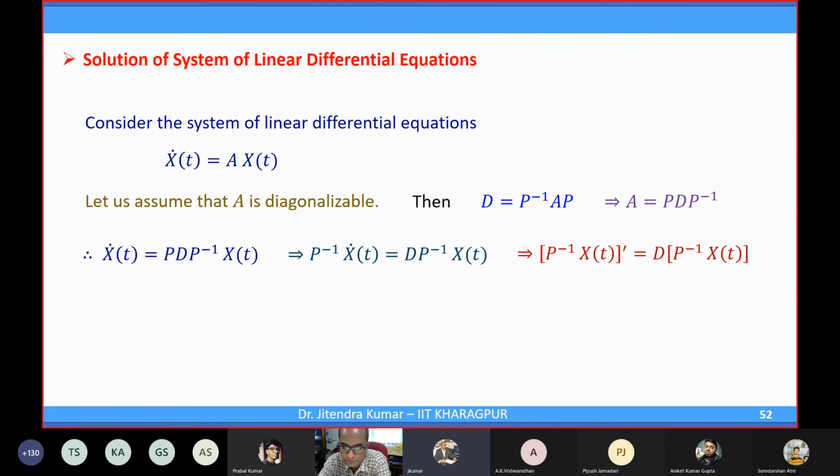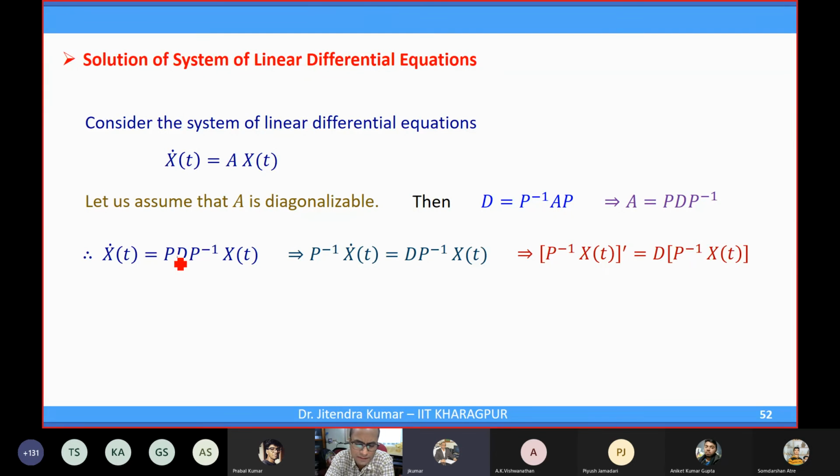And this we can write again, because P is constant. The coefficients are constant, there is nothing depending on t. So we can write P inverse x(t) and then the prime, the derivative of everything, because the constant has nothing to do with it and you can always bring it to the front. Then the right hand side is D P inverse x(t).